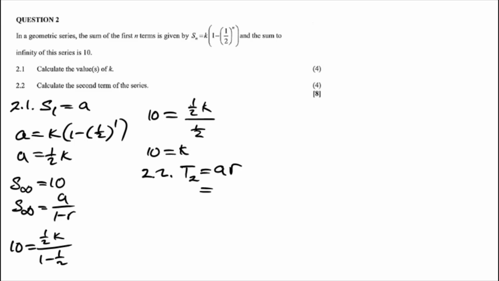Our first term is given by, remember, A is equal to 1 over 2 k, and we found that k is equal to 10, so A is equal to 5. So we can substitute our 5 here, and then our r is 1 over 2, and that would be 5 over 2. So the value of T2 is 5 over 2. We can move on to the next question.